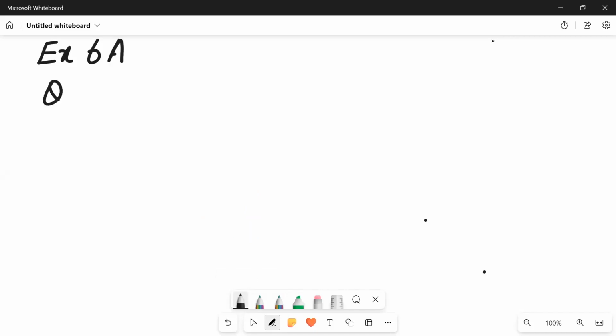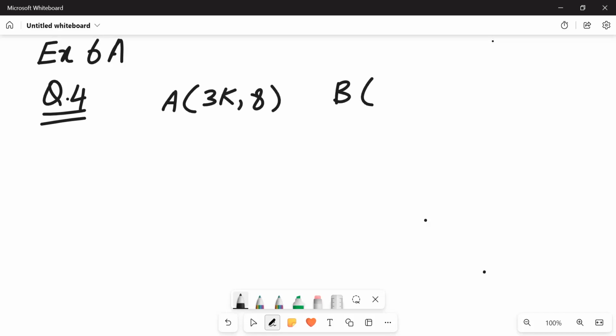6A, question number 4. The coordinates of A and B are (3k, 8) and (k, -3) respectively. Given that the gradient of the line segment AB is 3, find the value of k. Now we have two points, A and B. A point is (3k, 8) and B point is (k, -3).